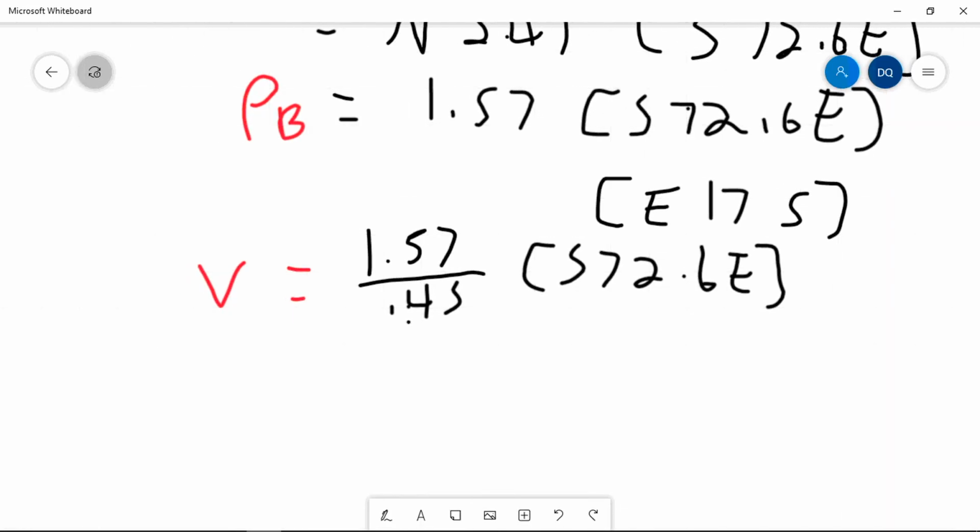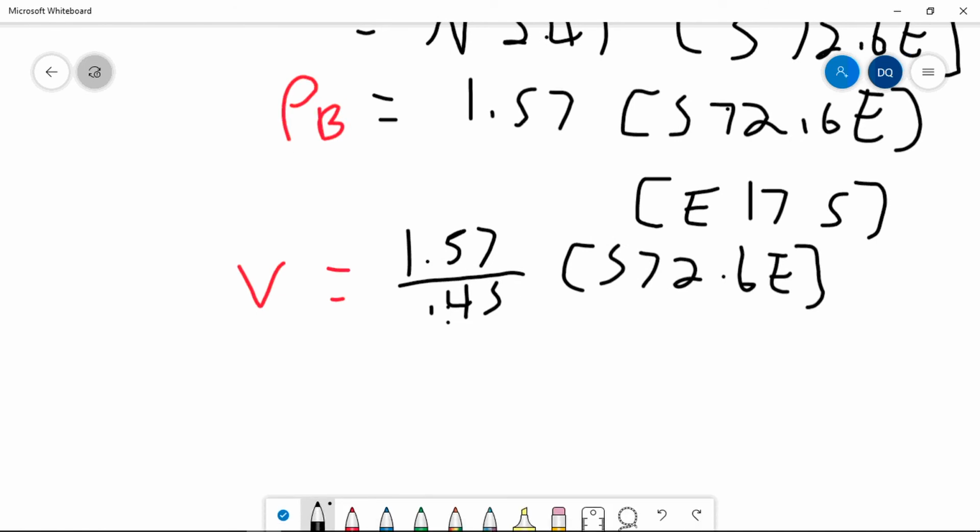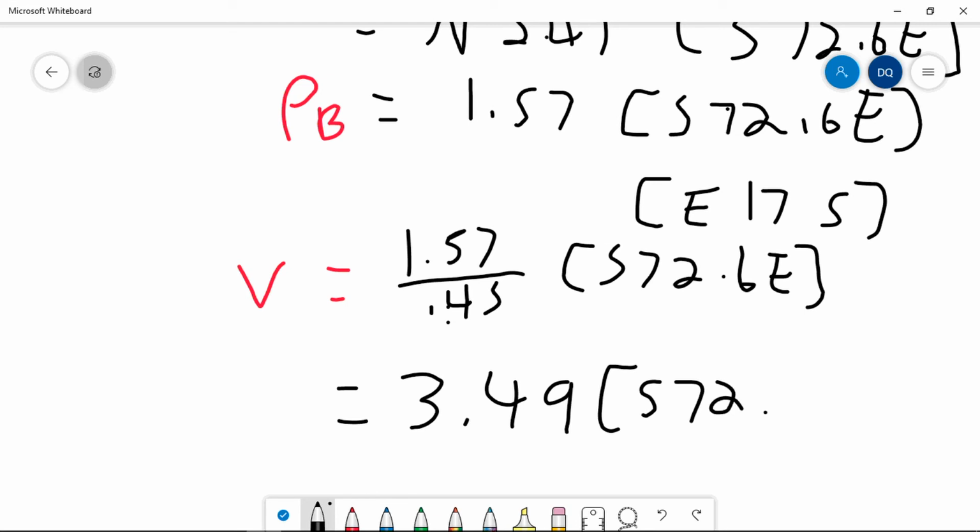And so that's going to give me 1.57 divided by 0.45, which is 3.49 south, 72.6 east. And that's in meters per second.